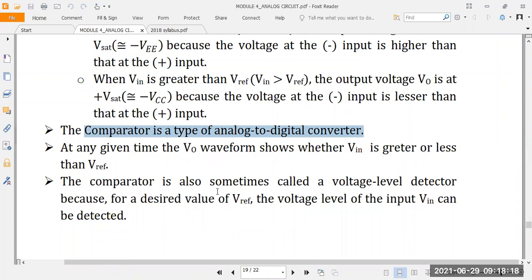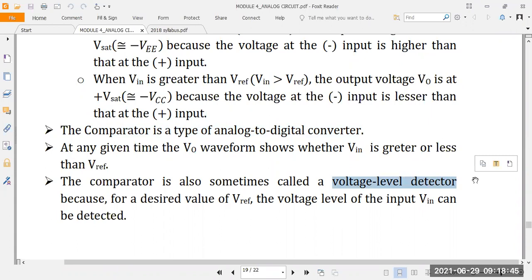The comparator is also sometimes called a voltage level detector. There is one more name for the comparator, that is voltage level detector. It means we can detect the voltage level, whether it is below the reference or above the reference. So there are two names for the comparator: the first one is analog to digital converter, the second one is voltage level detector.